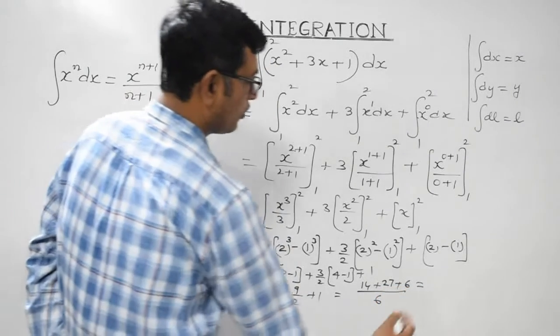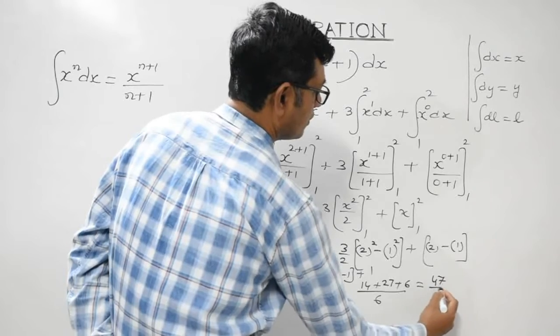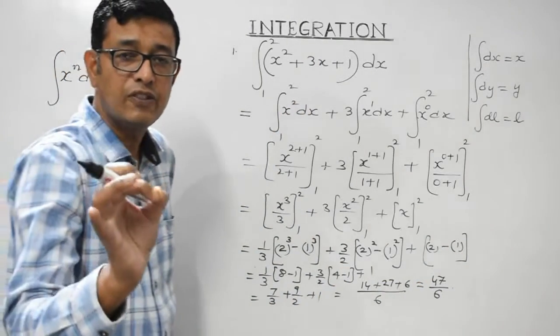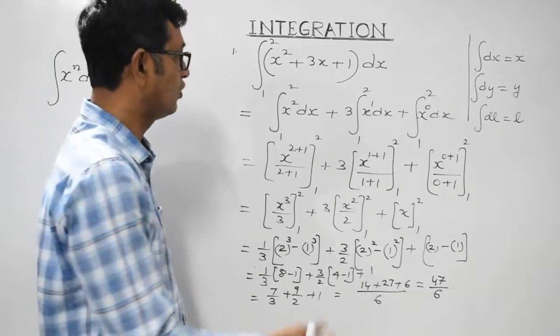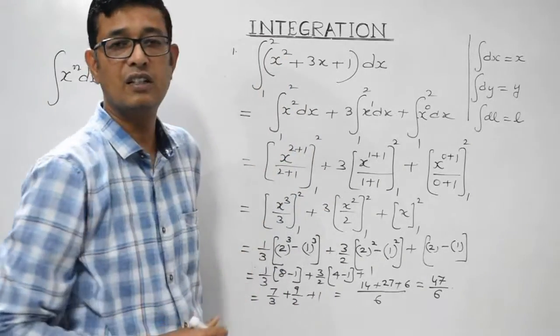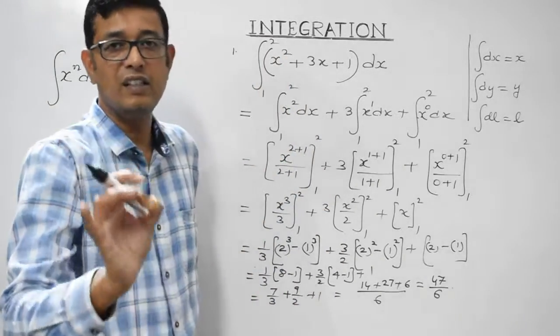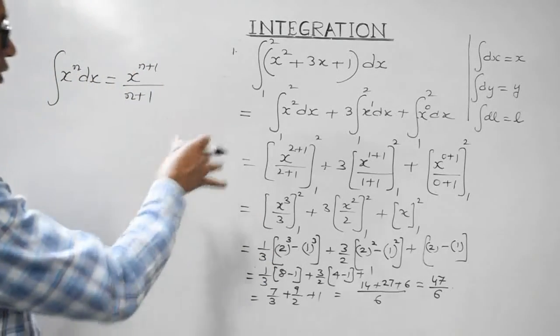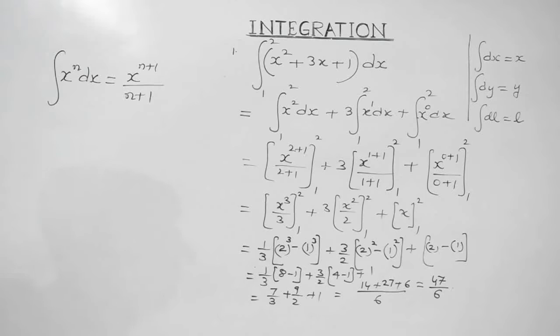So it will be equal to 47 by 6. This is how we get a definite numerical value. That is the reason why such integrals having limits are known as definite integrals, because they produce a definite result. So this is how it can be done easily.